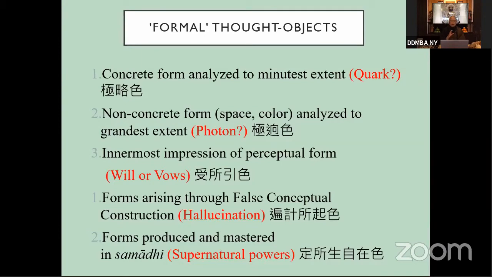Right now, science finds that the smallest element of material is the quark. Even a proton, okay, very small, and a neutron are composed of quarks. So nobody can see it, right? We ordinary people cannot see it through our eyes, but Buddha can see it.